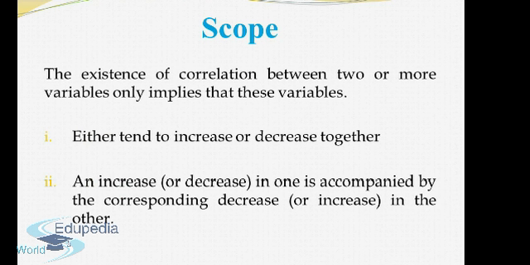If there exists correlation between two or more variables, it only implies that these variables either tend to increase or decrease together.